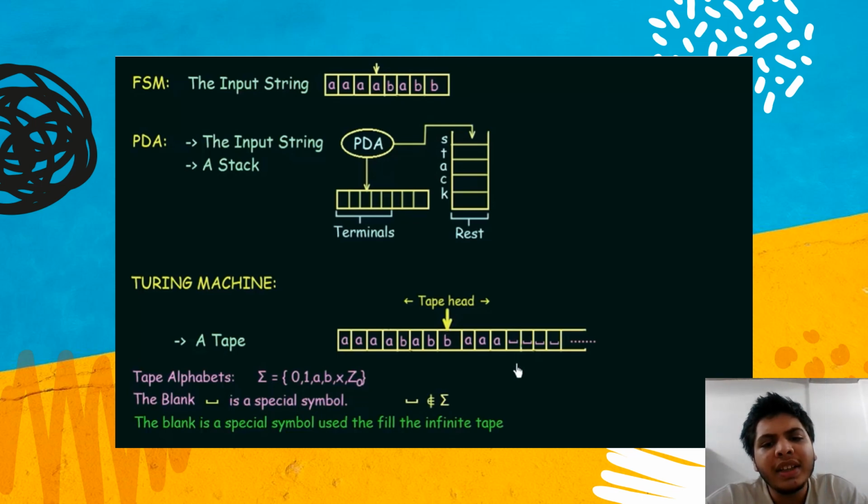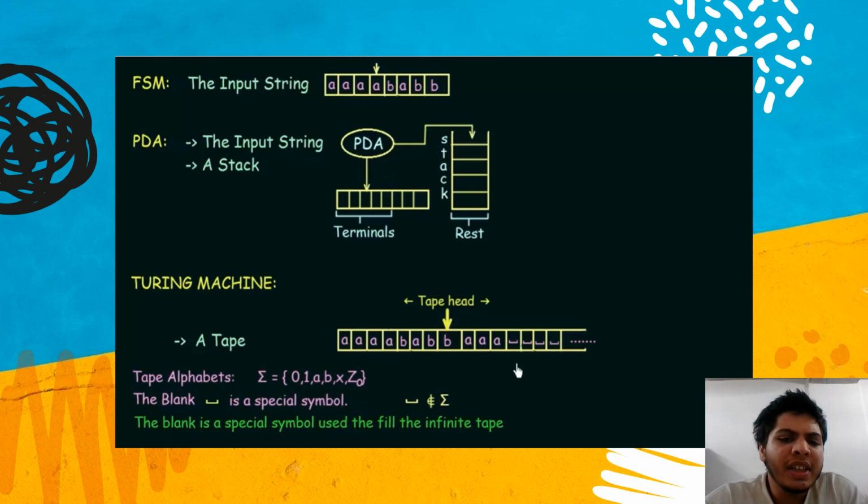The tape head is positioned on the symbol on which the current control is present, and the tape head can either move one step to the left or one step to the right, depending on the kind of combination that we have. And then here we have the input symbols, and as I told you, this is an infinite sequence. The input symbols that we have are filled into these cells, and then the remaining cells, instead of leaving them just blank, we fill them with a special kind of symbol that is known as the blank symbol.